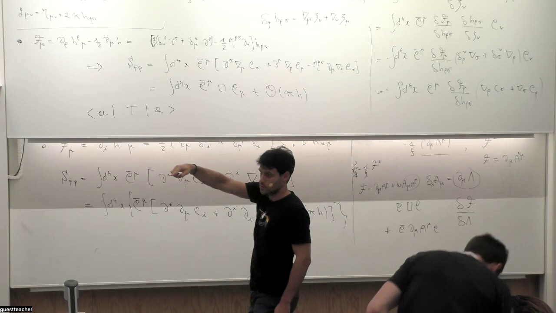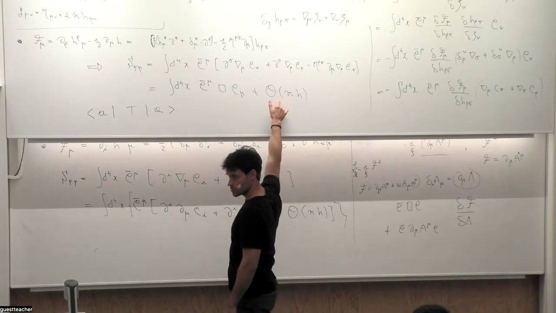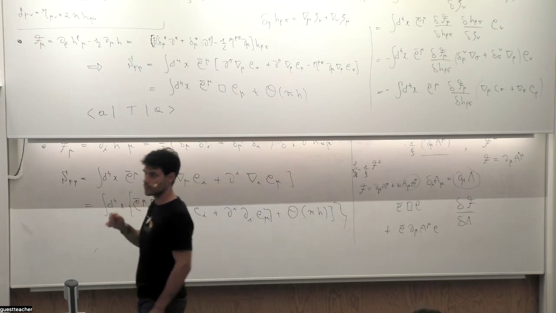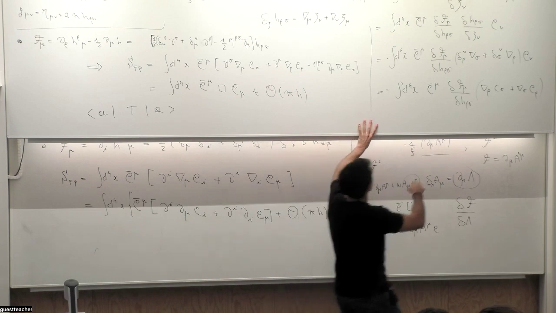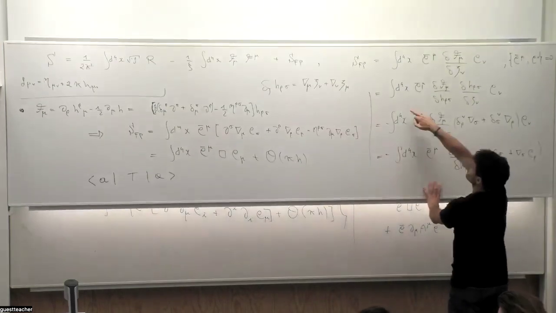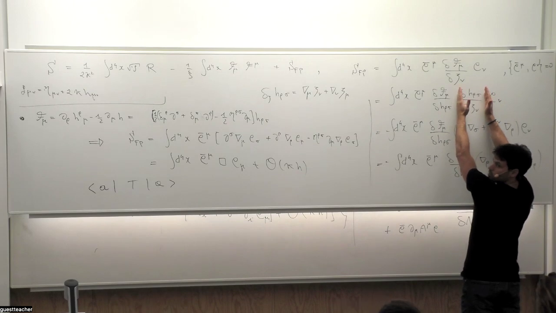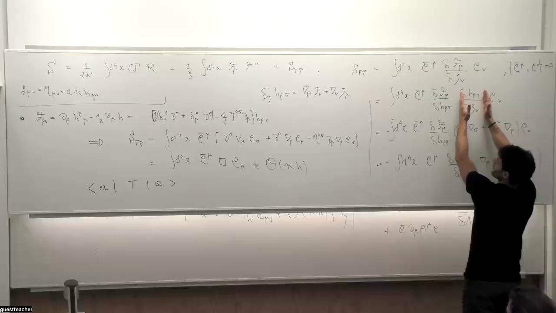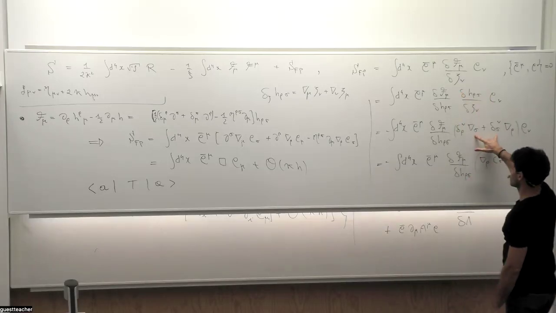Then you expand in perturbation, and there will be a kinetic term plus more. This is the Faddeev-Popov action, where this is the object that will contain the information about the covariant derivative. And indeed, this will bring the following relation.